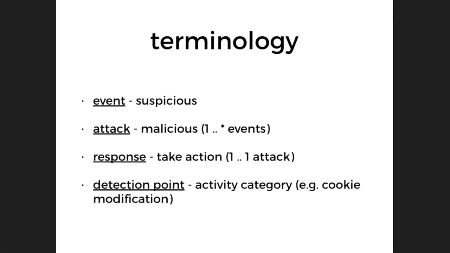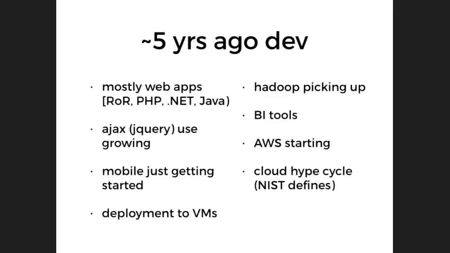An attack is one-to-many events that we have now determined have crossed some threshold into badness. A response is one-to-one for an attack. So we'll talk more about what that means, but there's a one-to-one. And then a detection point is just the place where you look for bad things that are happening or suspicious events.